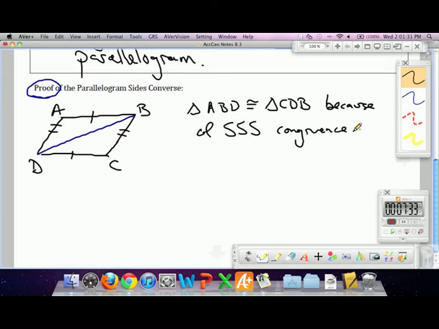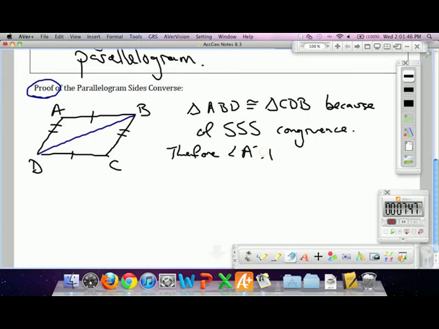For example, we do know that, almost like a paragraph here, therefore angle ABD is congruent to angle CDB.